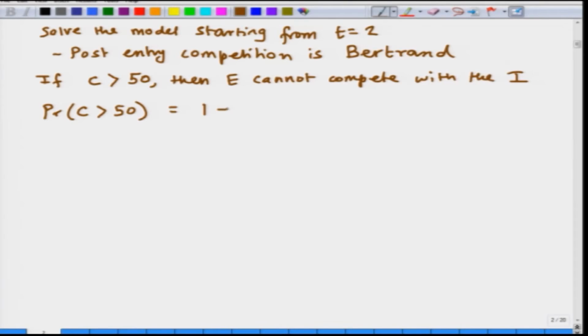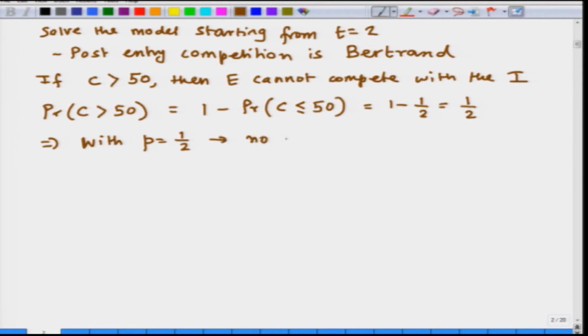So, probability C greater than 50 is essentially 1 minus the probability that C is less than or equal to 50, and because C is uniformly distributed in 0 to 100, this is essentially 1 minus 1/2, which is equal to 1/2. So, with probability, so with P equals 1/2, there is no entry, which means the incumbent essentially is a monopolist.